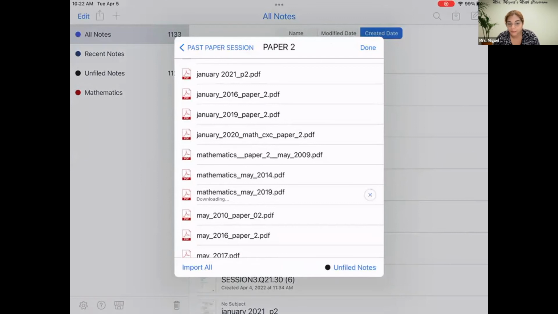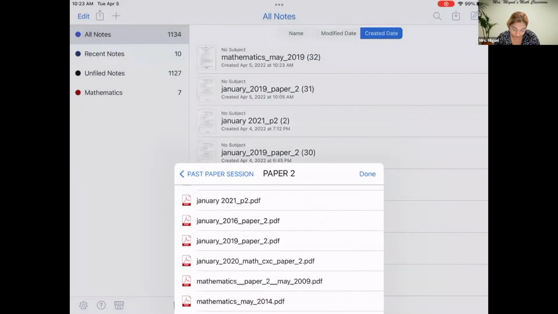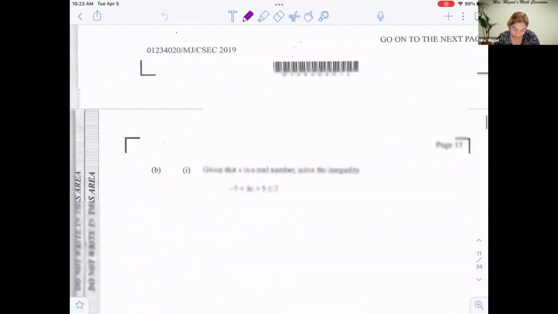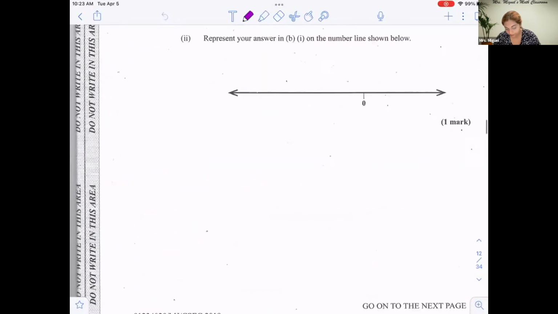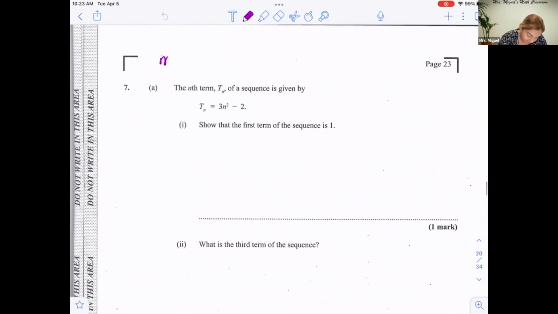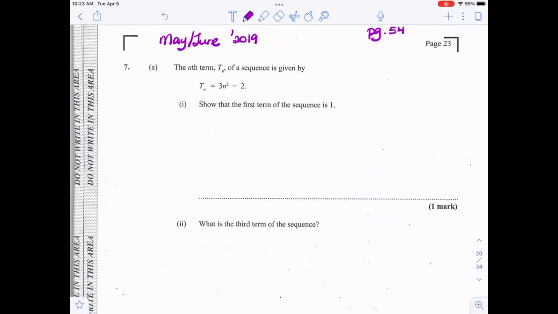May, June is the same thing, okay? So this is May or June 2019, and this is on page 54. Is it found? Yes, Miss. Right.